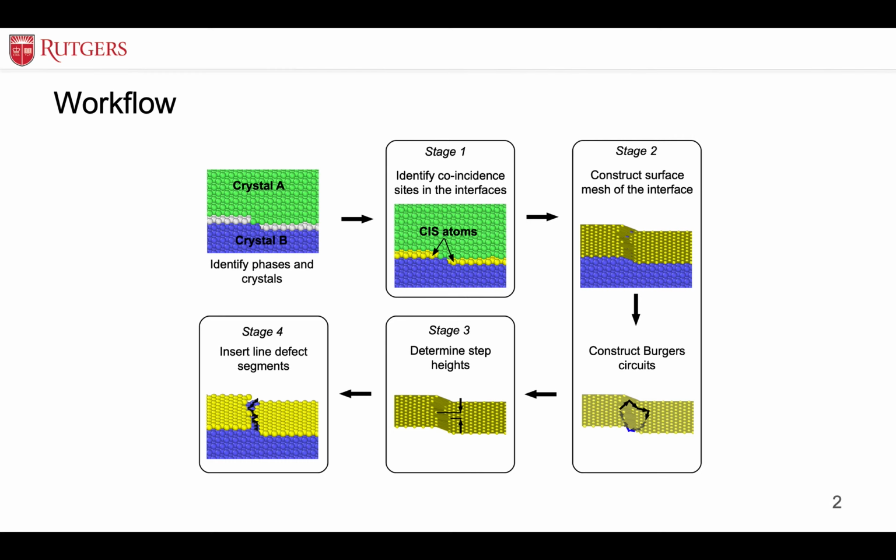Each of those line segments has a Burgers vector, but it also has a step height, which is something that DXA doesn't give you. Okay, so let's run through an example of how to use ILDA, and in so doing we'll learn about all the different features and parameters and how they affect things.